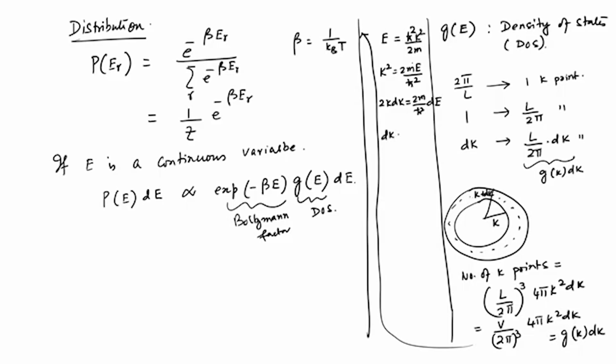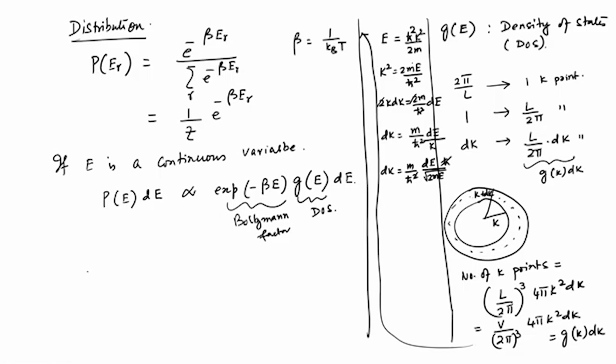So, dk is equal to, the 2 will cancel, m by h cross square dE divided by k, and k is nothing but root over 2 m E by h cross. So, dk is equal to m by h cross square dE divided by root over 2 m E by h cross. One h cross will cancel, and now we have both k square as well as dk.